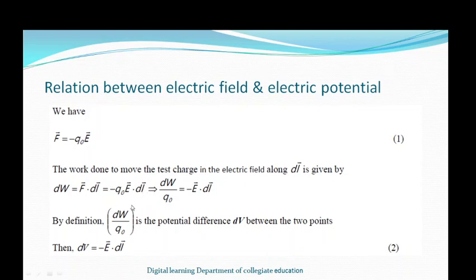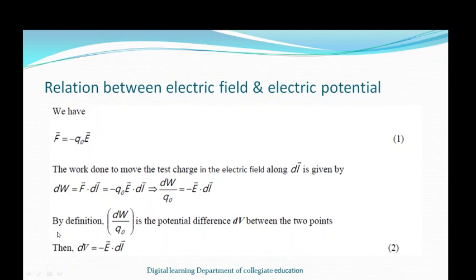This can also be written as dW by q naught. If q naught is cross multiplied, the expression reduces to dW by q naught equal to minus vector E dot vector dl.